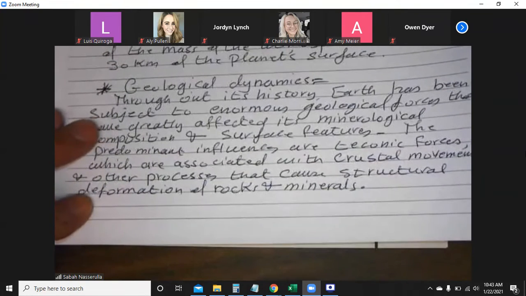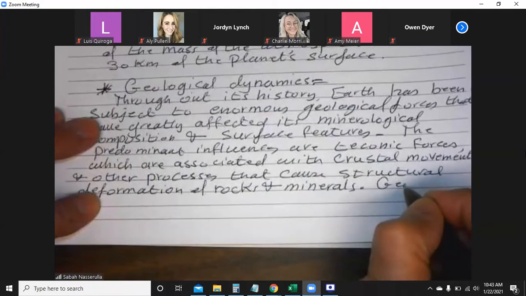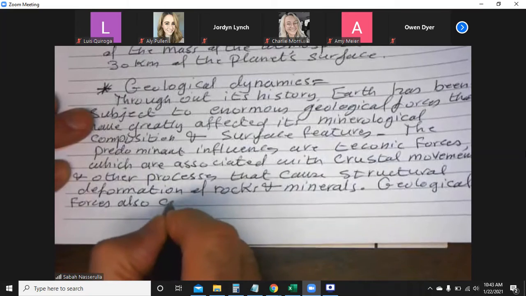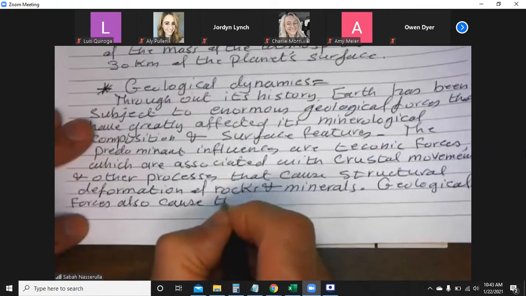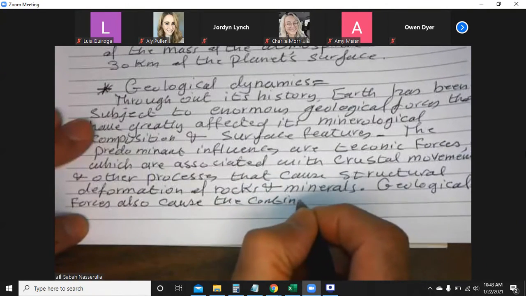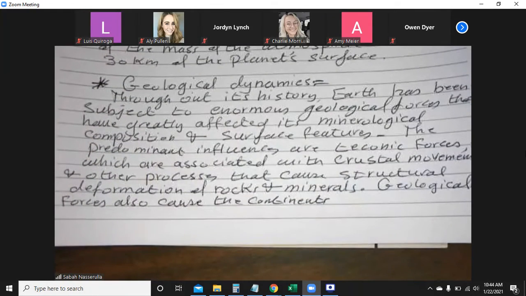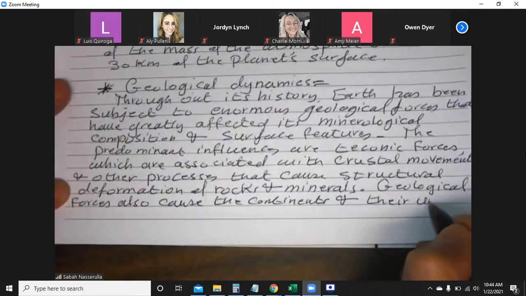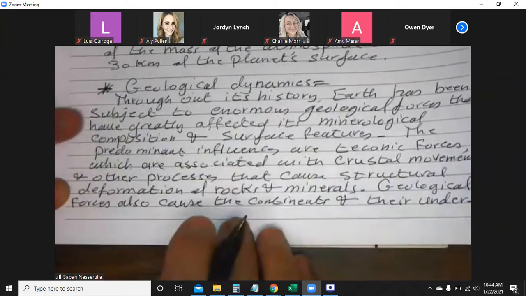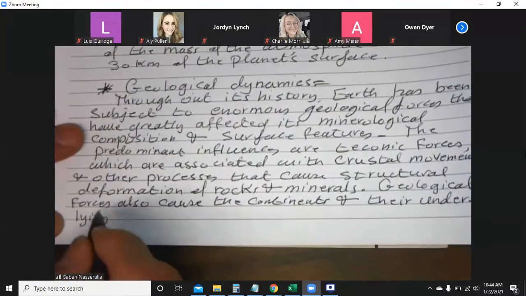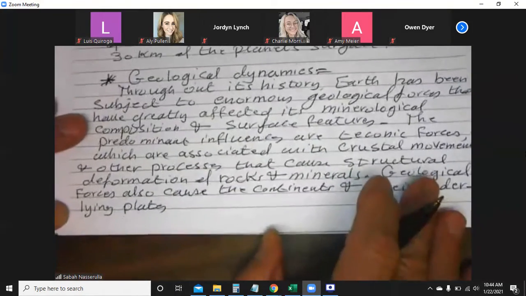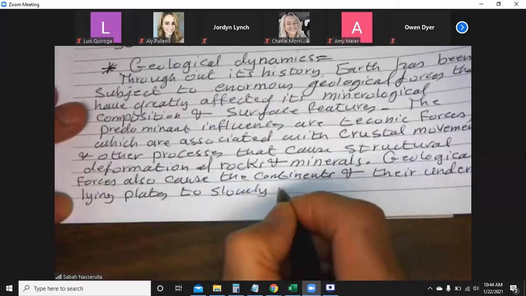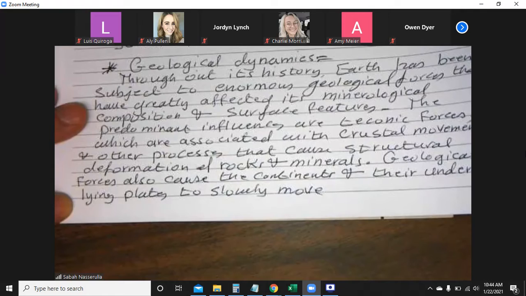And to mention this point here, geological forces also cause the continents and their underlying plates to slowly move across the Earth's surface.